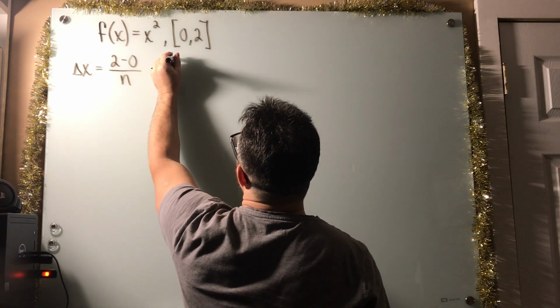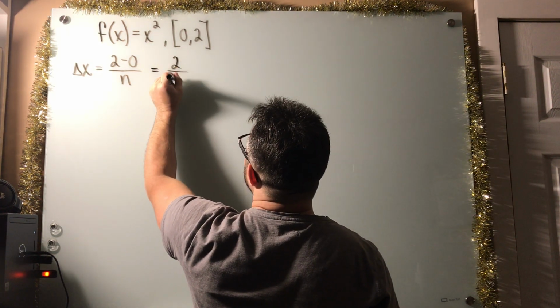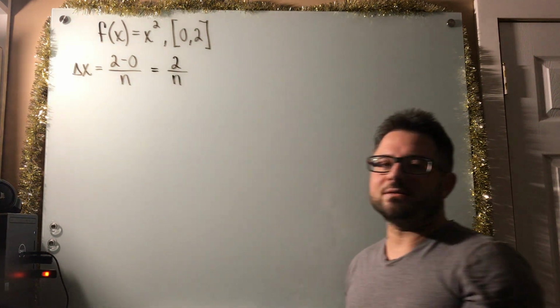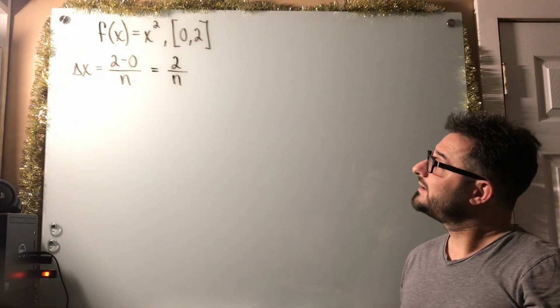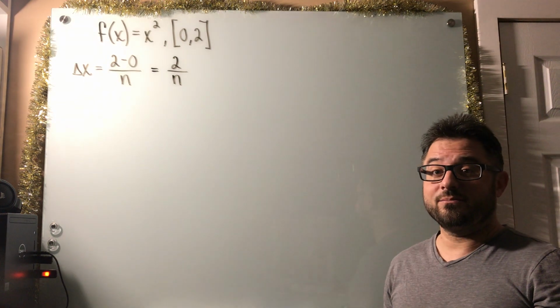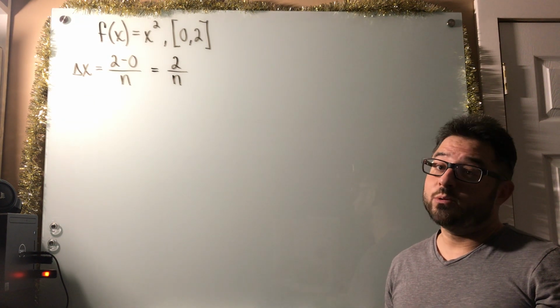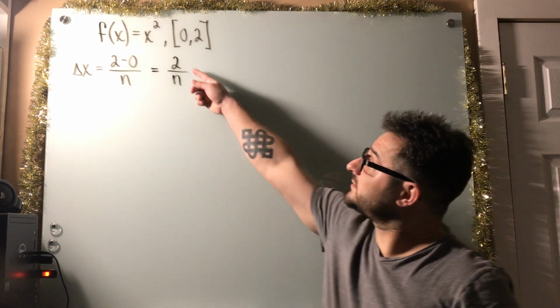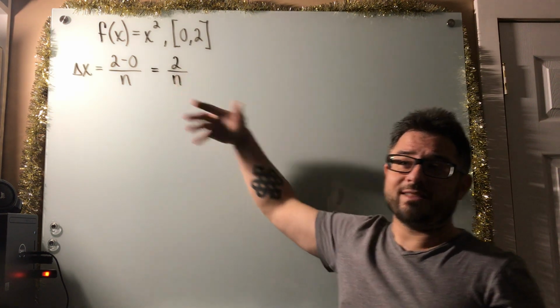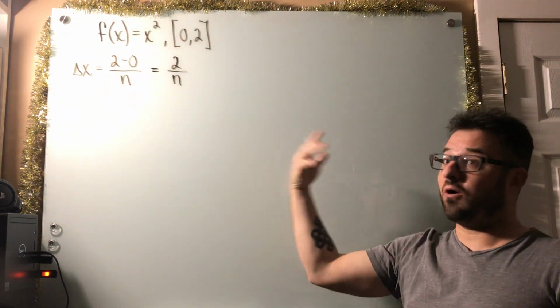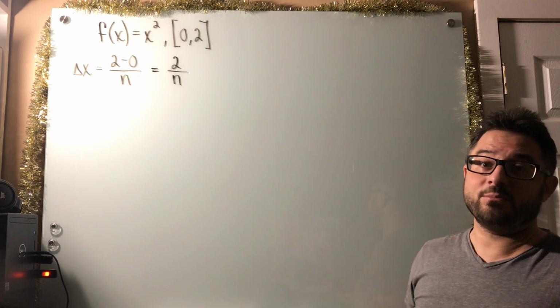Now perhaps you can see why I never bothered simplifying the delta x fraction, because this can't be simplified without knowing what n is. We were fortunate that the width of the interval was an even number of 2, and that the number of rectangles we were using was always an even number and therefore could be simplified.